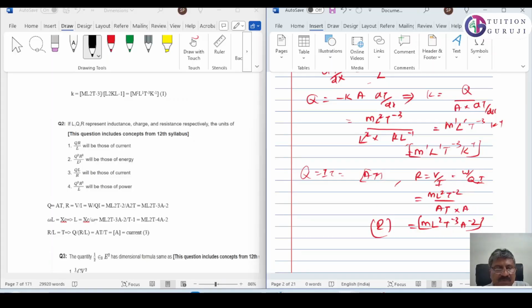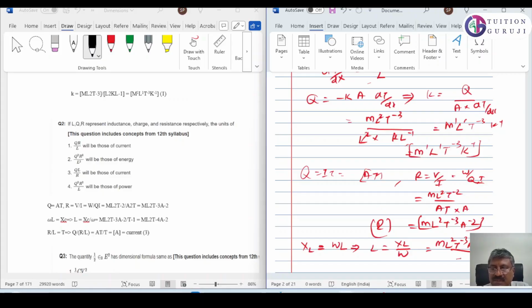Also, we know XL, the inductive resistance, is equal to omega L, which implies L is equal to XL by omega. XL is nothing but resistance, so it is M L square T raised to minus 3, A raised to minus 2, divided by omega.